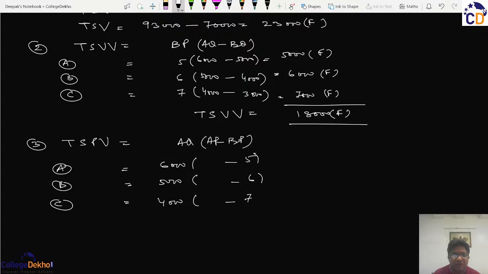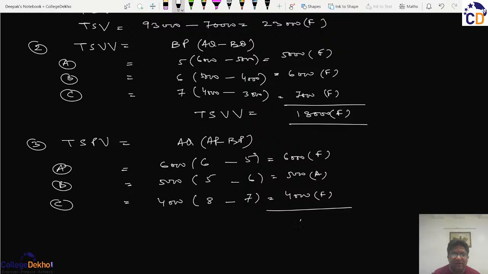And if you see here, the actual price was 6, 5, and 8, you can check it from the question. This is 6,000 favorable because actual price is more. This is 5,000 adverse because actual price is less than the budget price, and this is 4,000 again favorable.